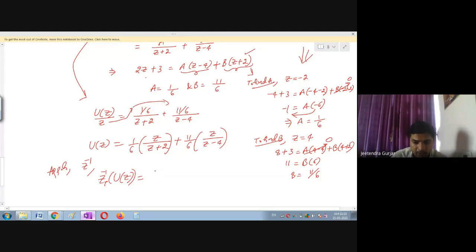In today's morning also I told you in the beginning of the class that formulas are very important, friends. So I will take 1 upon 6 constant, inverse z transform of z divided by z plus 2, plus 11 upon 6 I will take outside, inverse z transform of z divided by z minus 4, students.